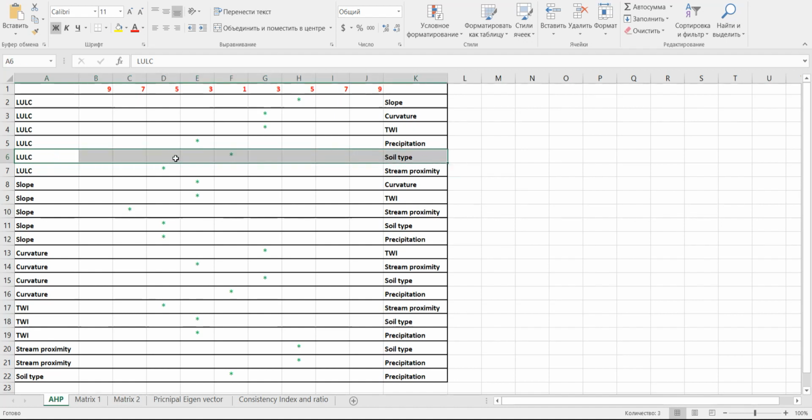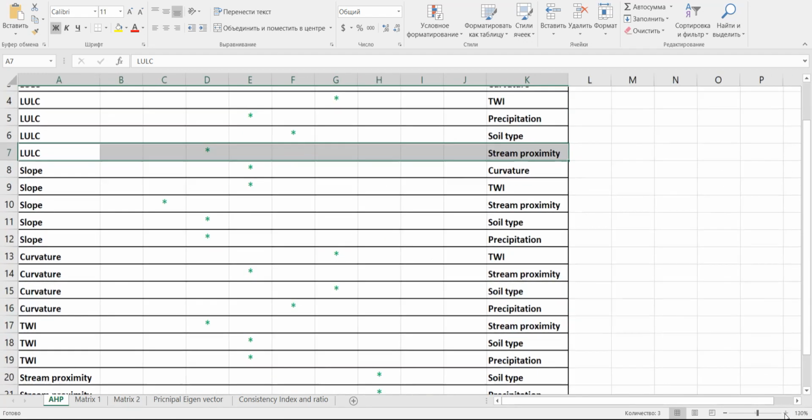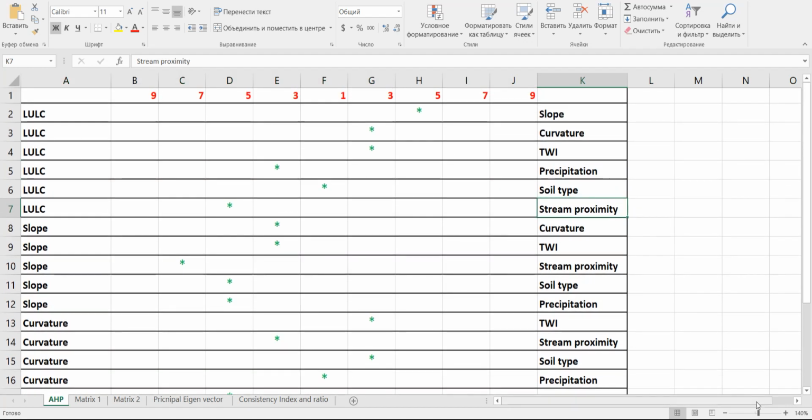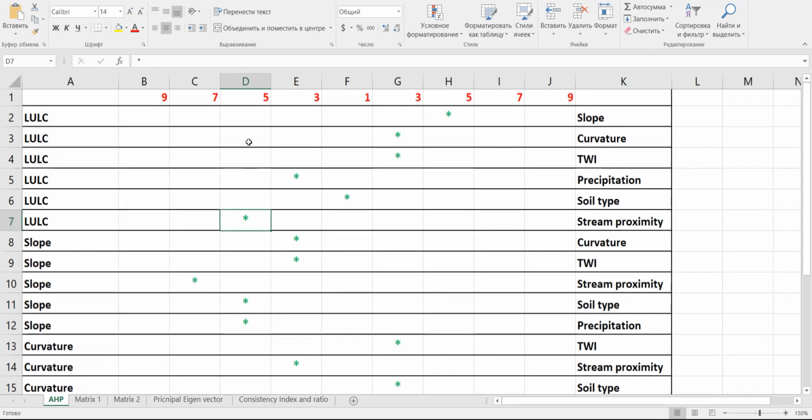For soil type and land use cover, I think they are both equal, so I assigned 1. Land use and land cover in comparison with stream proximity, I think that land use and land cover is significantly more important, not just slightly, so I assigned 5, because stream proximity covers much less area than land use, land cover, and I also derived only the larger streams.